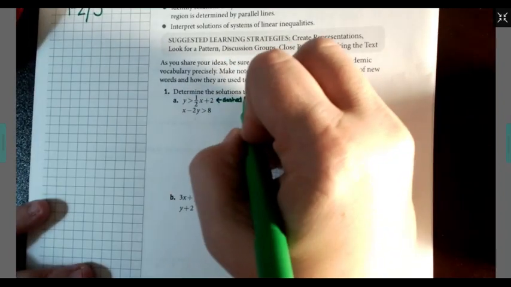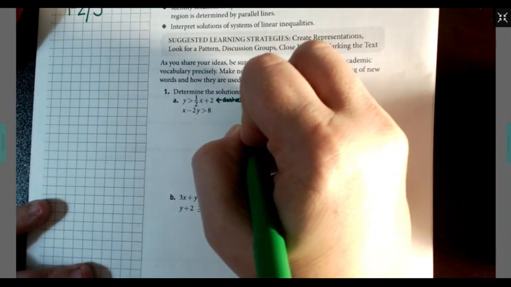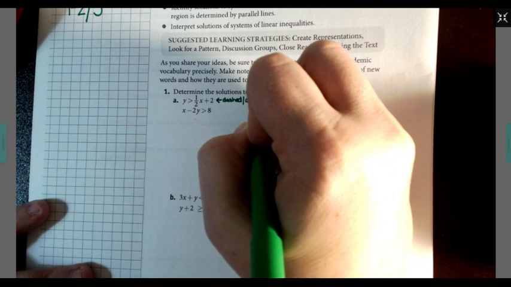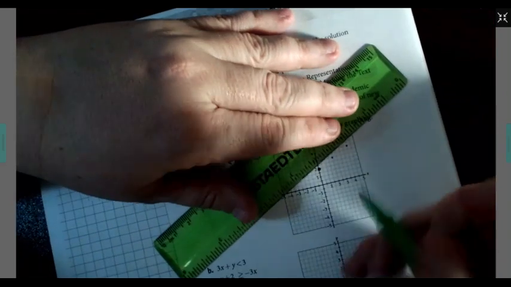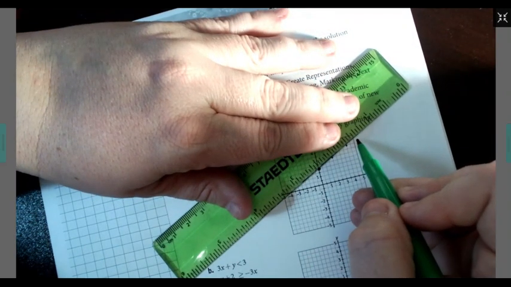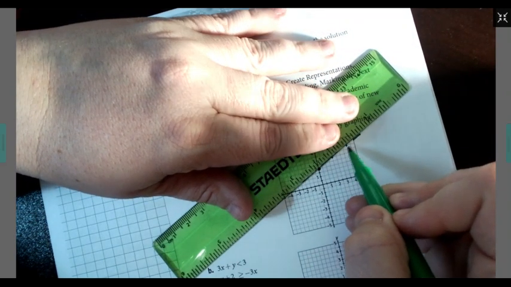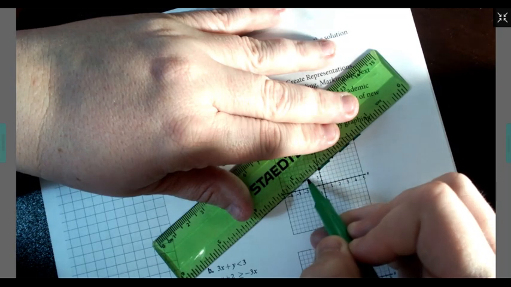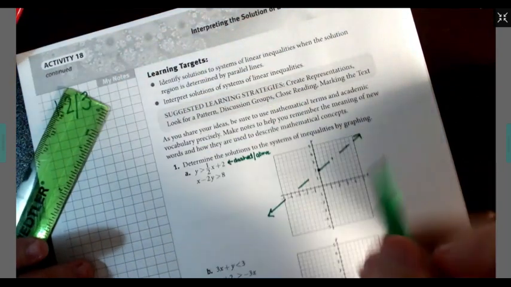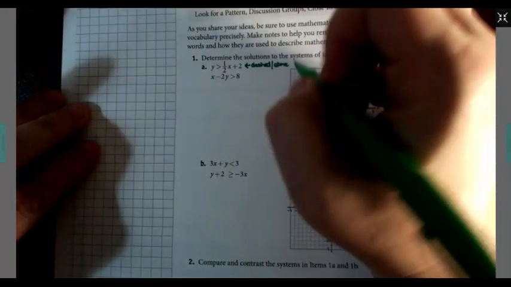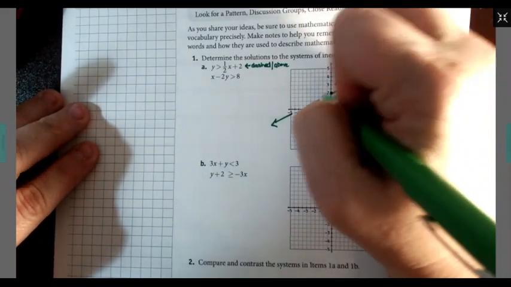It says greater than, so it's going to be shaded above. Dashed and shaded above. So we're going to be shading on this side of the line.